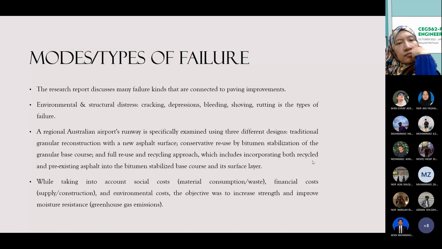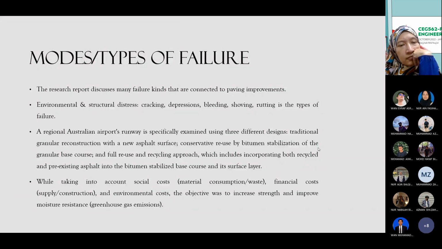So for the modes or types of failure, the research report discussed many failure kinds that are connected to paving improvements. Environmental and structural distress, cracking, depressions, bleeding, shoving, routing is the type of failure.